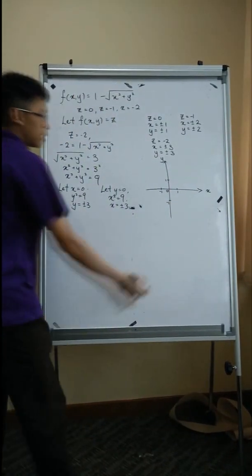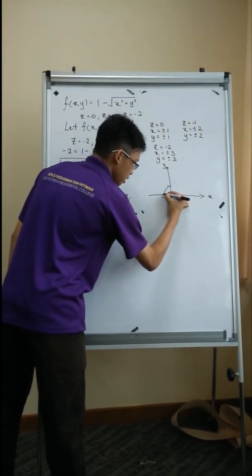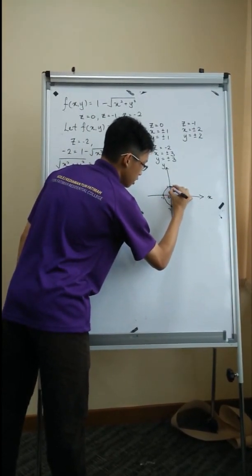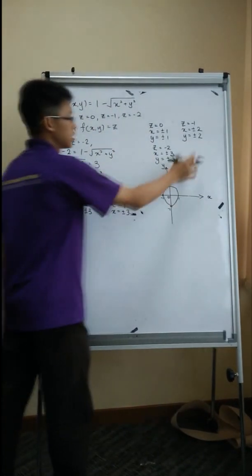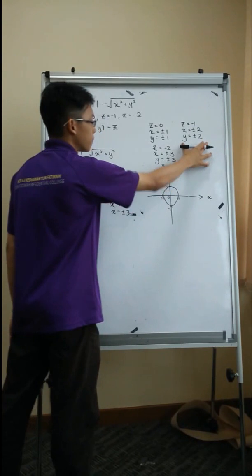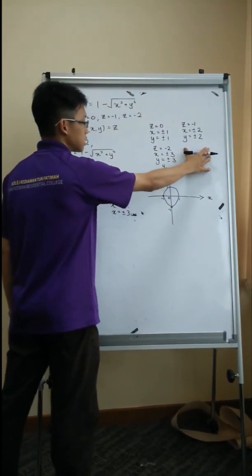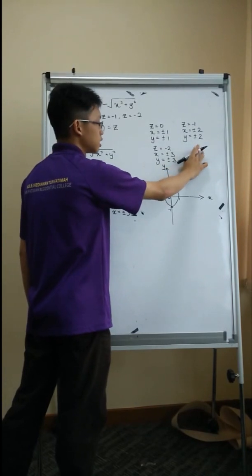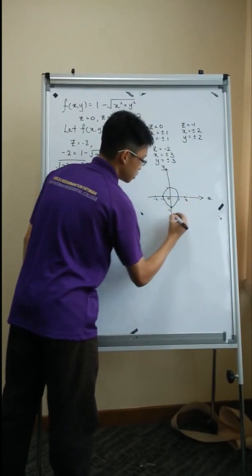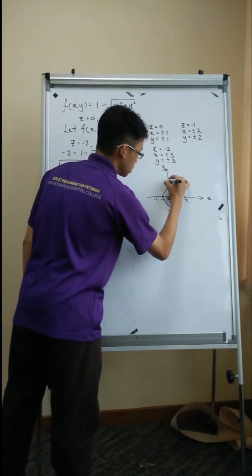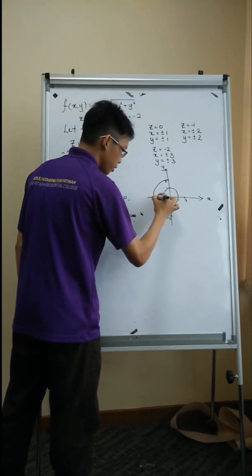So we connect all these points. After this, second level, when z equal to -1, x and y will be plus or minus 2. So -2, 2, -2, 2. Same thing, connect all these points.